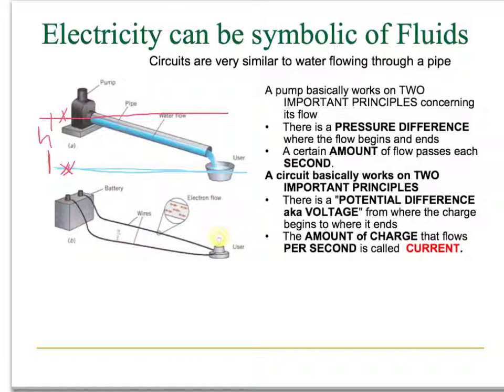So how about if the two ends are on level ground? Let us say that this one here is not elevated. Let us say that this is completely a horizontal level.